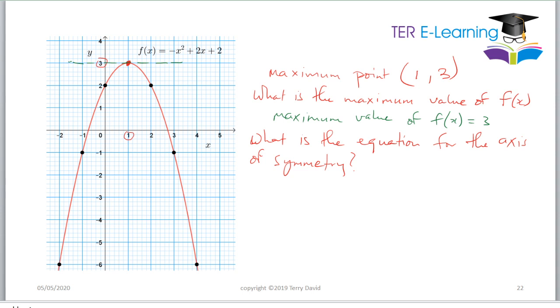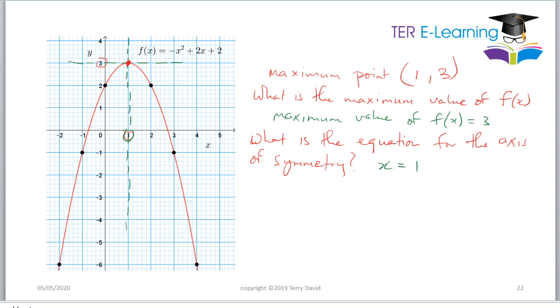Alright, so you all seem to be getting this. My axis of symmetry has to be written as an equation. So this line here that I'm drawing vertically is my axis of symmetry, because if I fold the graph along that line, then the left and right side will line up exactly. And my axis of symmetry passes through this point here. So therefore my equation for my axis of symmetry is x is equal to 1, right? So you all are correct. That's my axis of symmetry.